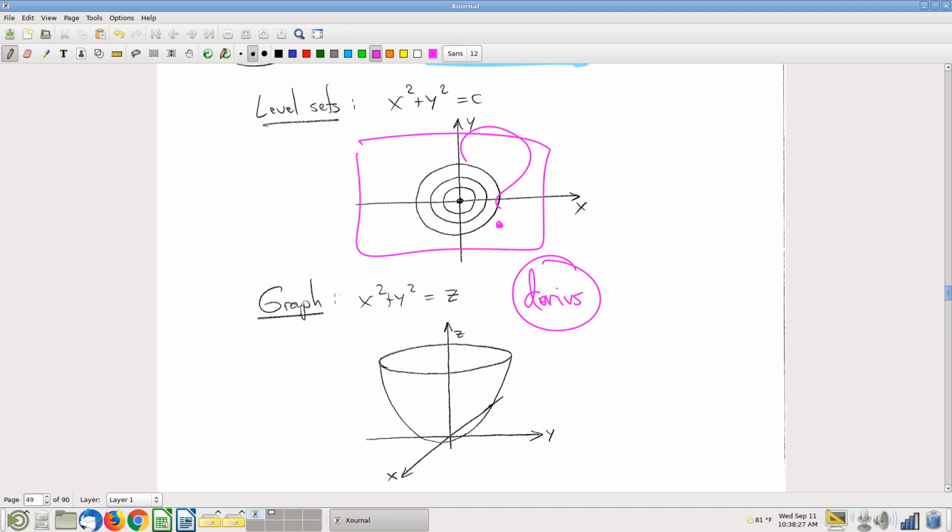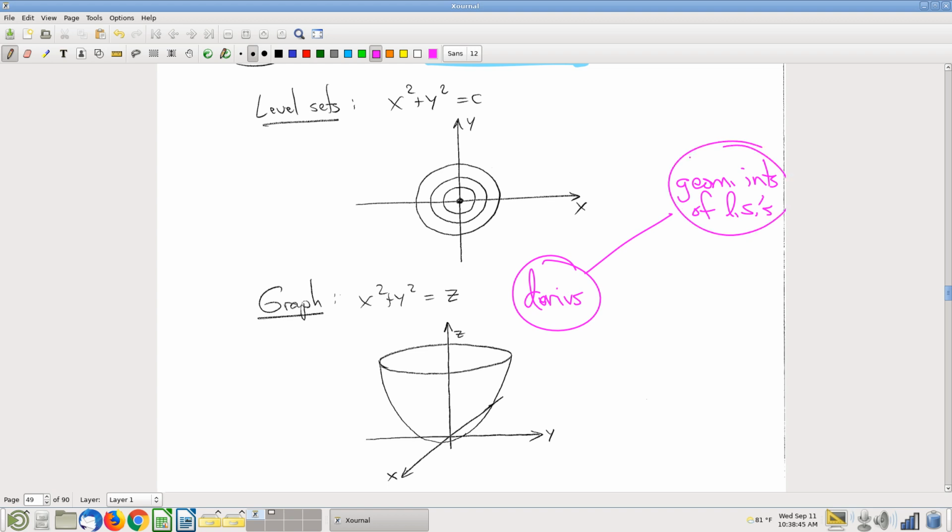What's the geometric interpretation of derivatives in the context of level sets? Well, we're going to have certain interpretations. So let me say geometric interpretations of level sets. This connection is what I like to call the calculus of level sets.